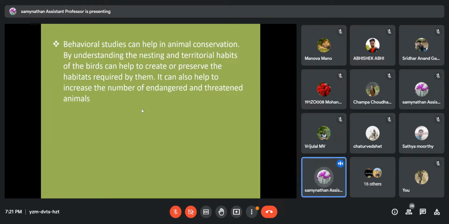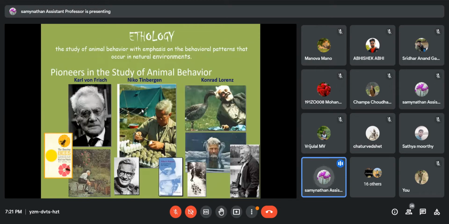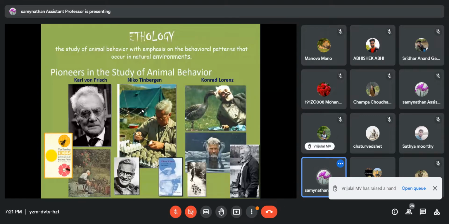It can also help to increase the number of endangered and threatened animals. This is for the pioneers of the study of animal behavior. The scientists: first Darwin, Johann Mendel, Ivan Pavlov, then Niko Tinbergen, Konrad Lorenz, Karl von Frisch.